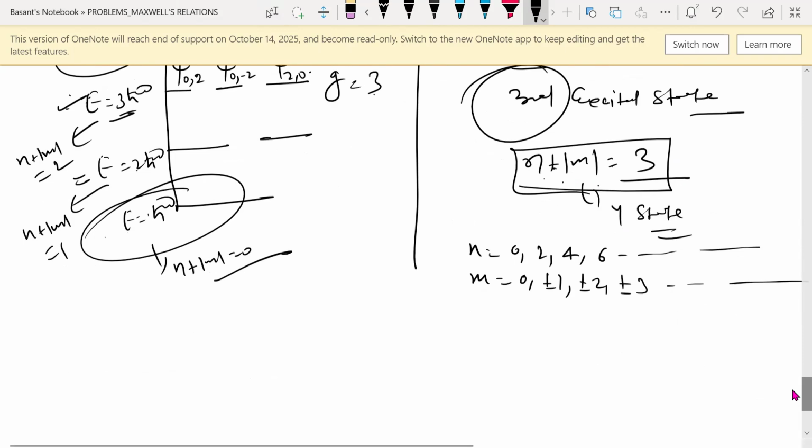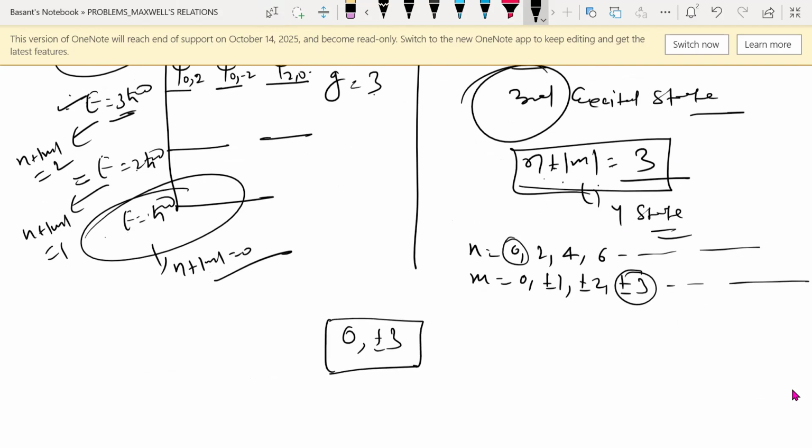The first pair is 3 and 0, that is 0, plus minus 3. Second, because n is 0 and we cannot take n is equal to 1, we can take n is equal to 2. So if n is equal to 2, then m is equal to plus minus 1, so that mod m gives 1.